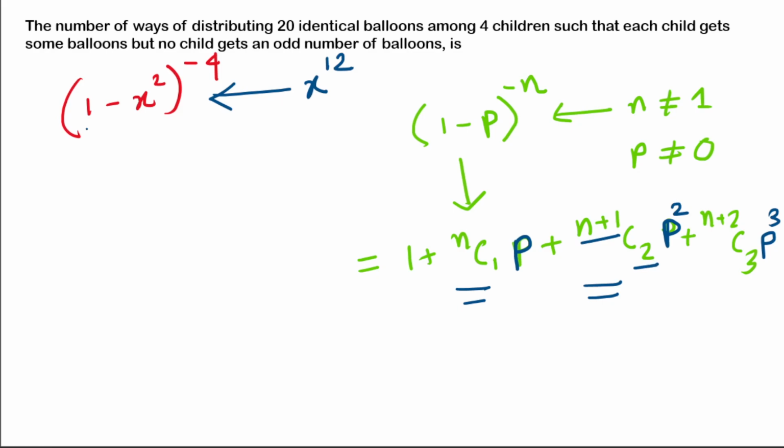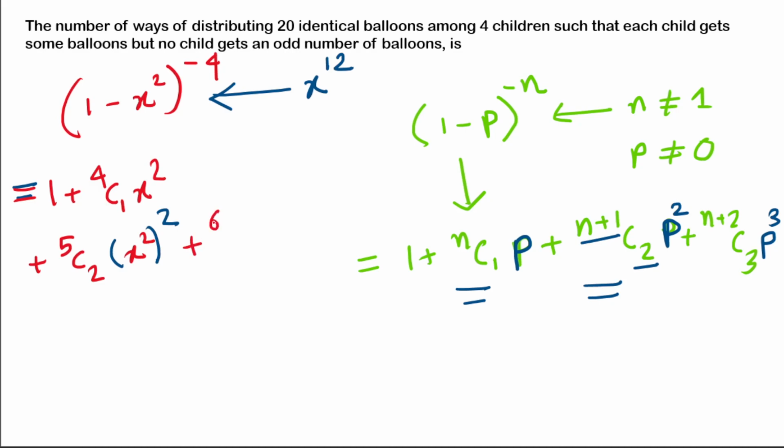Here can I write the same thing? Let us try to write in the same manner. This is 1, this is 4c1 x square plus 5c2 x square square, plus 6c3 x square cube.